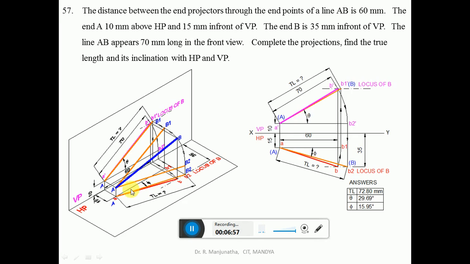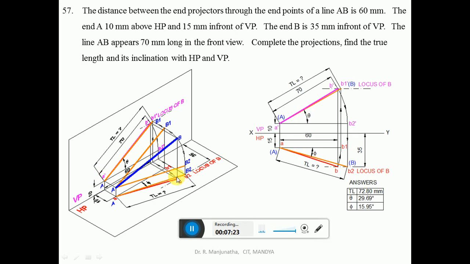Now, when you are rotating in space with A as center to rotate the point B such that B2 is above HP by 10 mm, the image will be on the vertical plane when you look from the front view. So with A dash B dash as the radius, you draw an arc such that B2 dash and A dash are above HP by 10 mm. So this is parallel to HP, and then we find the true length in HP.